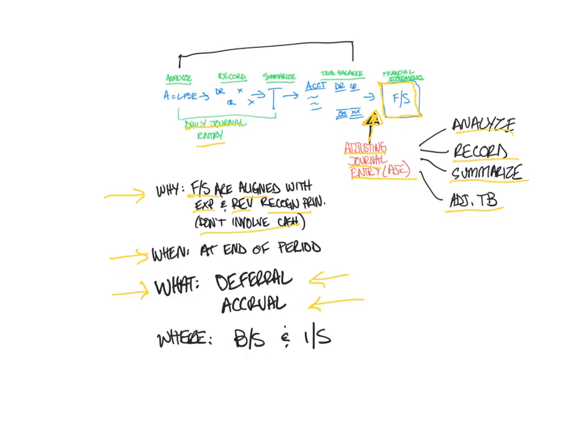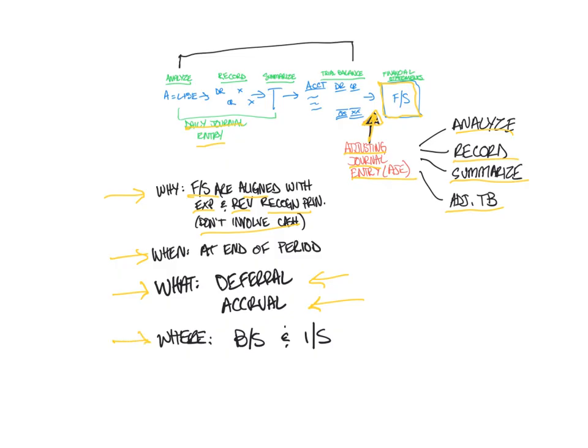We'll talk about the difference between these two in our next video, but to highlight it, basically deferrals have a previous daily journal entry that needs to be adjusted now in order to properly reflect the expense and revenue recognition principles, whereas accruals have never previously been recorded, but something in substance exists because of the expense or revenue recognition principle, and we need to then make an adjustment.